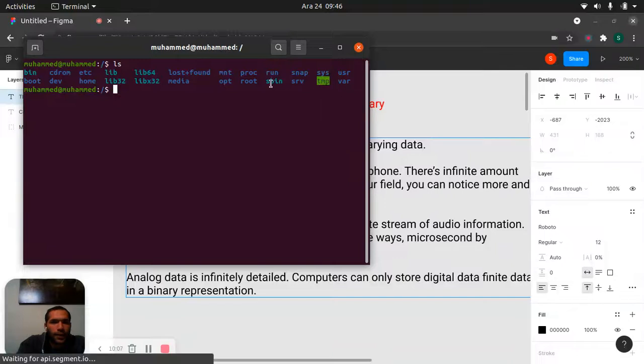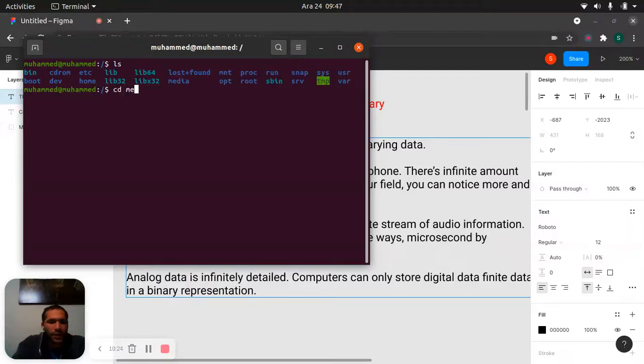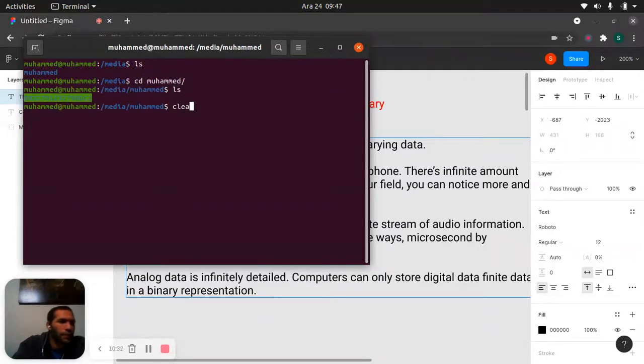And our files, where are they? It's etc. This one is etc, and binary is where we have some applications. So I'm looking for media. Let's go in media and go there into my files. What is that?